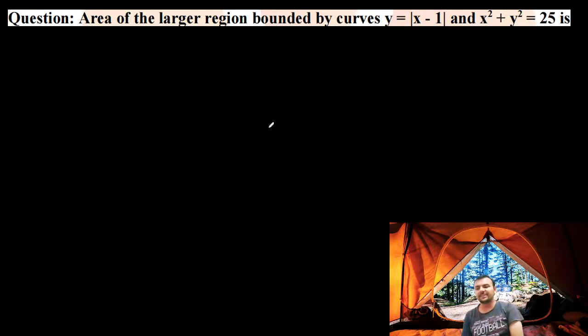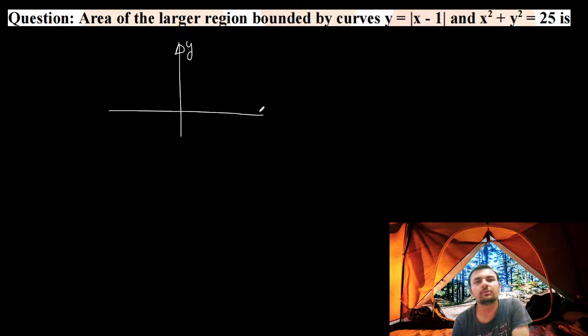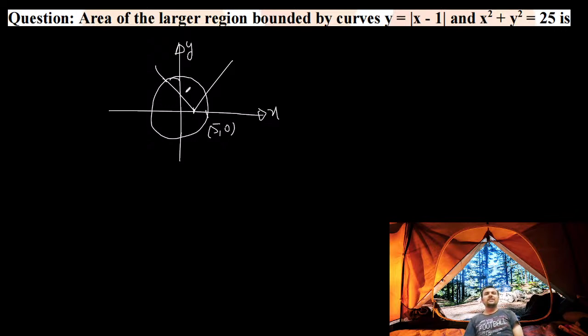Area of the region bounded by curve y equal to this and this. Okay, so we'll go with this. This is 5, 0. Okay, we got it. X 1. It will go like this, maybe like this. So area of the larger region.